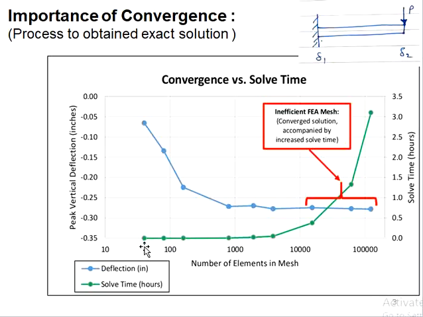So from this graph, in the first iteration, the first answer is 0.05. So this is our basic answer.